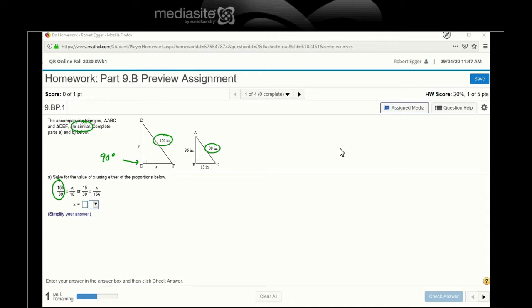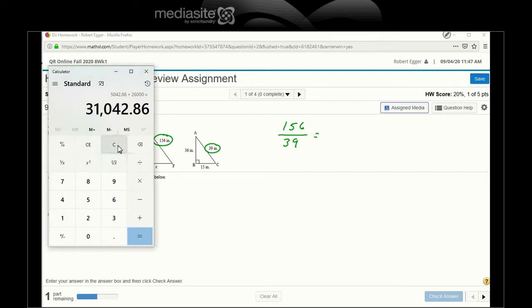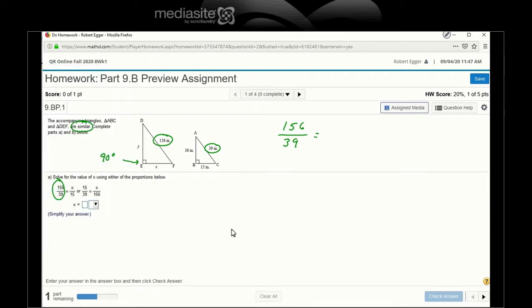And just out of curiosity, 156 over 39, is that a good number? Let's find out. Ooh, 4. Long story short, one triangle's sides are 4 times bigger than the other triangle's sides. But we'll do proportions here.